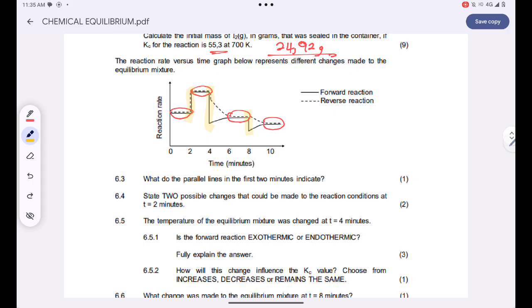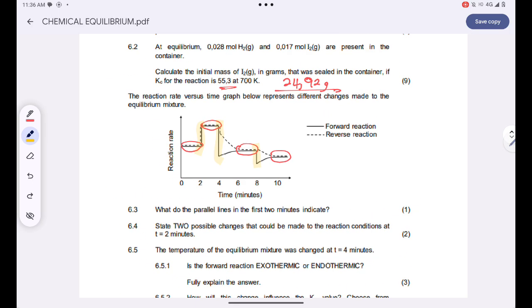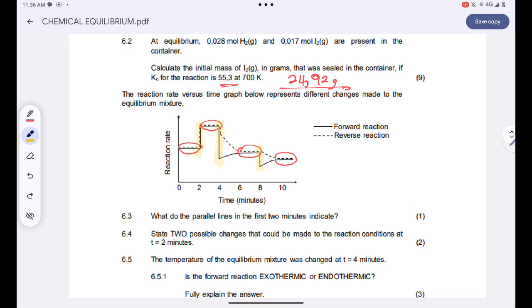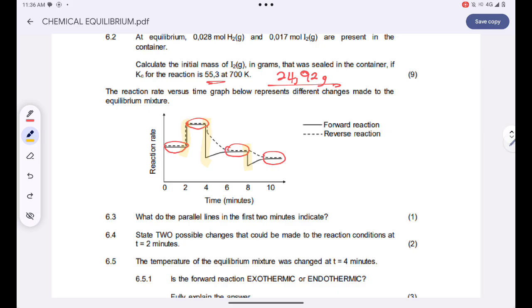How do I know that the reverse reaction is favored? Please check that. If I favor my reverse reaction, it simply means I'm going to use my products to form reactants. Are you together? I'm going to decrease the concentration of products and increase the concentration of reactants. Over here, the dotted line shows the reverse reaction.